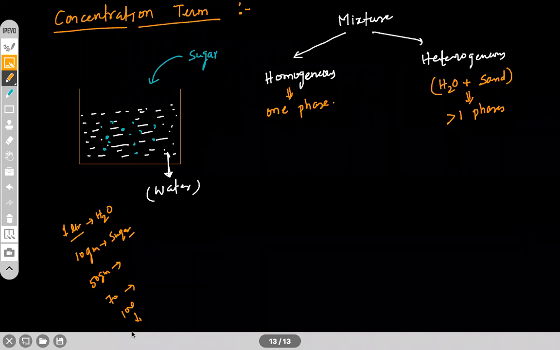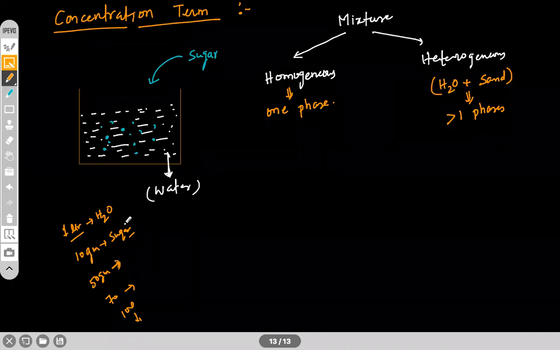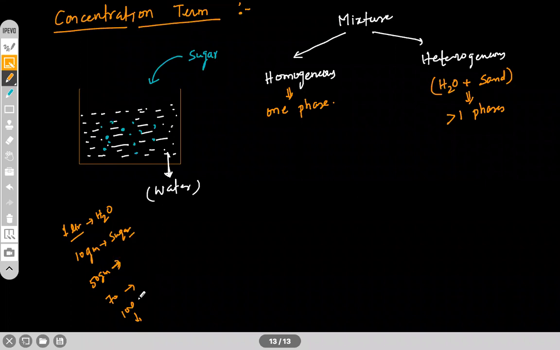So what we can say, when you dissolve 50 gram of sugar, this mixture is more concentrated than the 10 gram mixture. Similarly, the 70 gram mixture is more concentrated than 50, and so on we can go. Are you getting it? Yes, guys, I'm not getting any response.